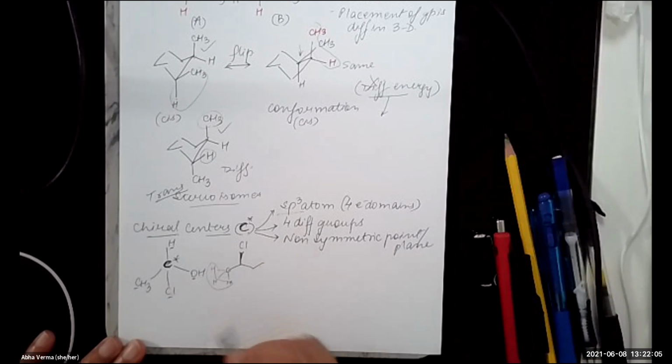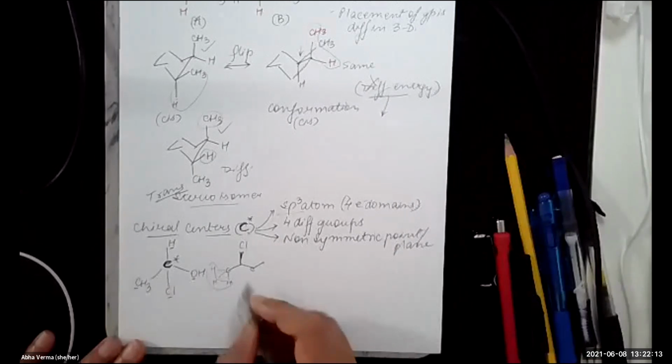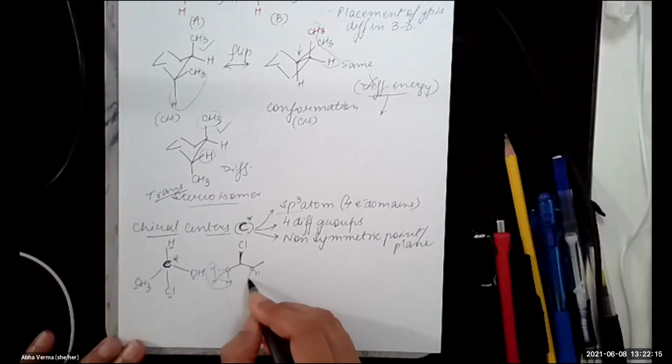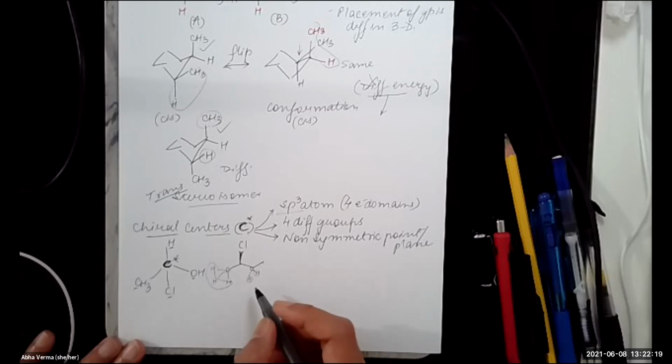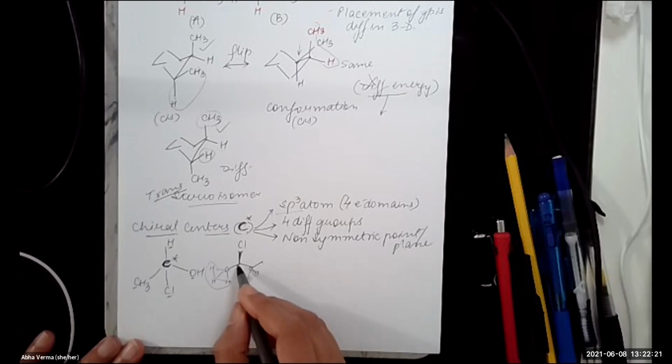So this is not a chiral atom. Not a chiral atom, not a chiral atom. Even though it has a methyl and an ethyl on either side, it still has 2 same groups, 2 same hydrogens on it. Not a chiral atom.